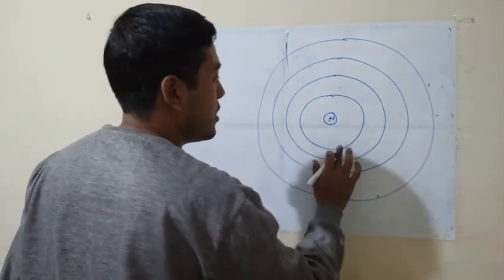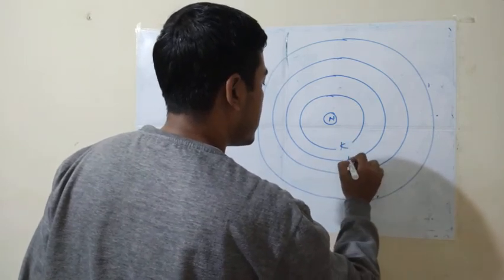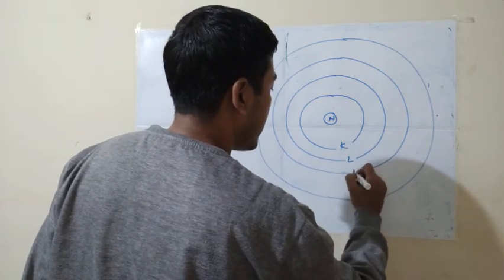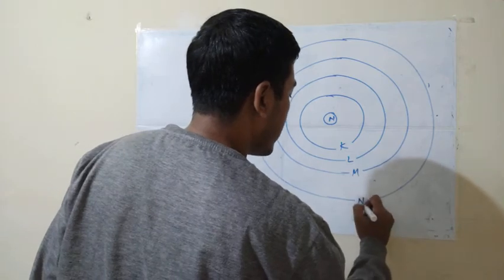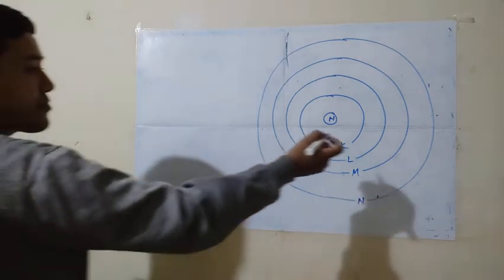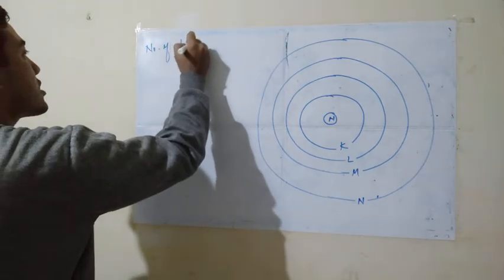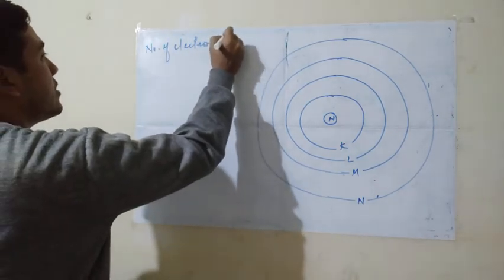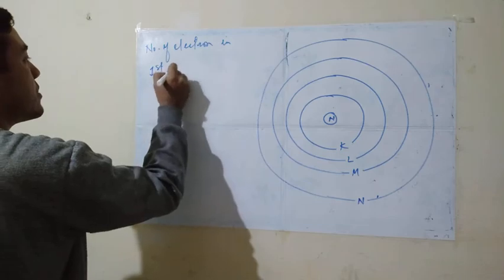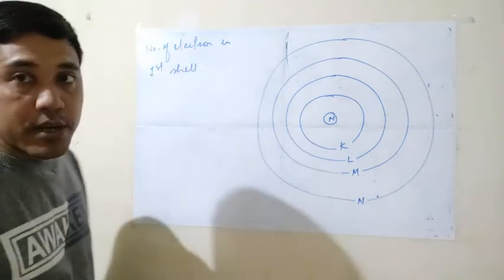Right, look here, the first cell I will write is K, the second cell is L, the third cell is M, and the fourth cell is N. Now, look here, number of electrons in the first cell.